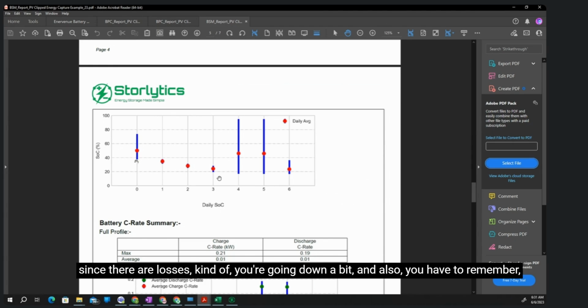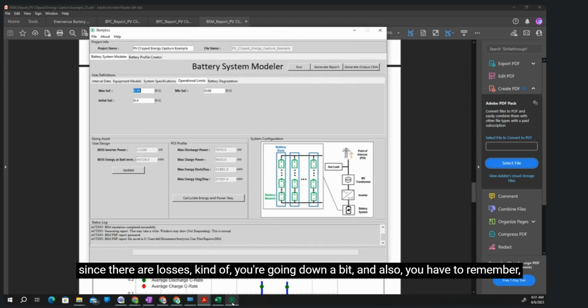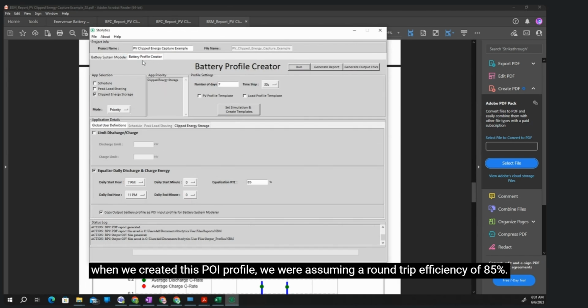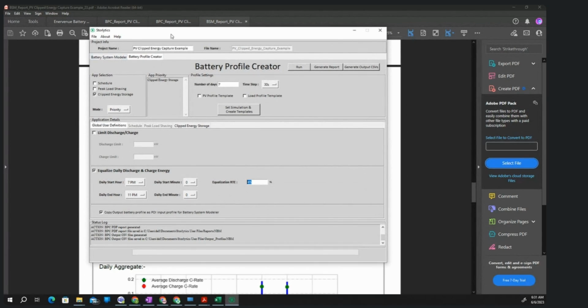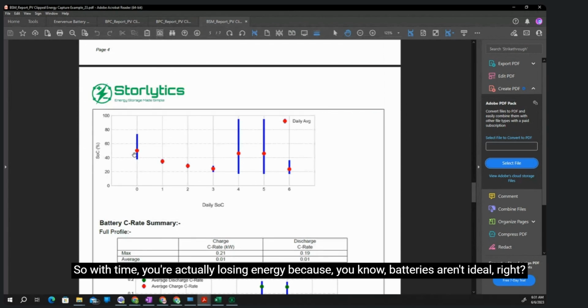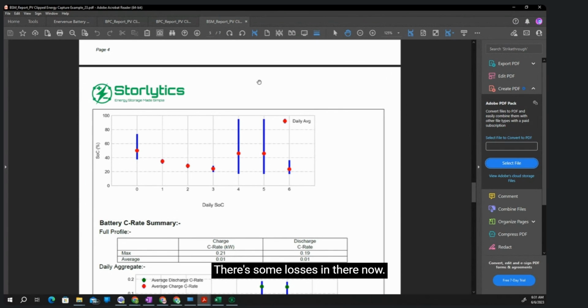But since there are losses, you're going down a bit. Also, remember that when we created this POI profile, we assumed a round trip efficiency of 85%. So with time you're actually losing energy, because batteries aren't ideal. There are some losses in there.